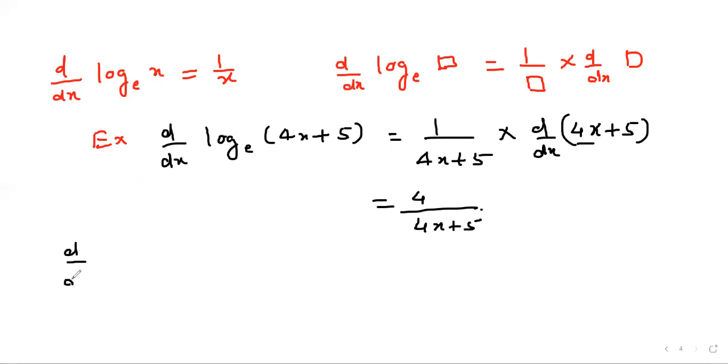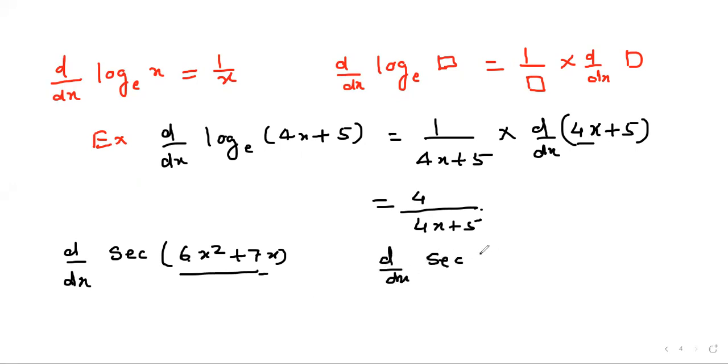Another example, d upon dx of sec 6x squared plus 7x. So this can be taken as block. Then the rule is d upon dx of sec block will become sec block tan block times d upon dx of block.